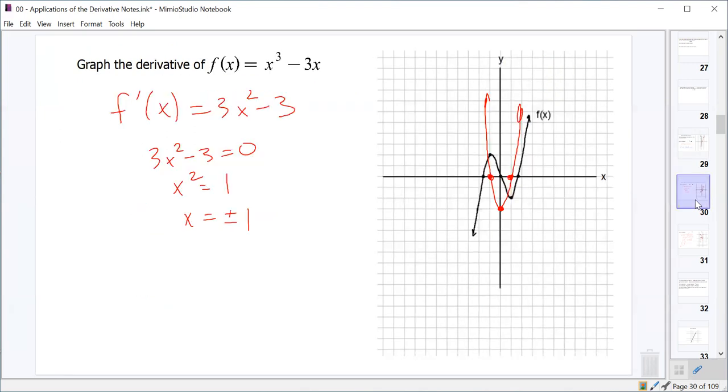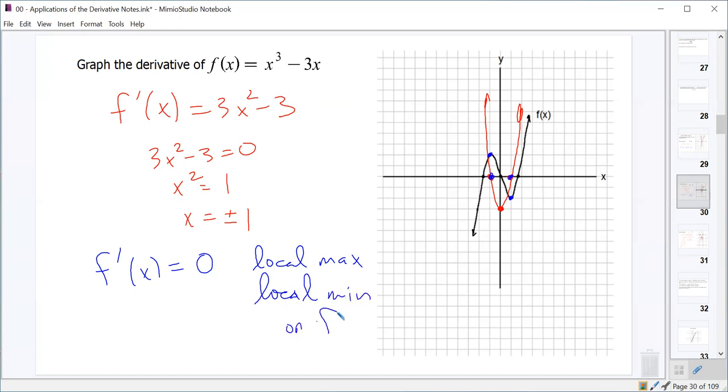If we look at this one, when our derivative was equal to 0 at -1 and 1, right here and right here, our original function had a local maximum right here and a local minimum right here. So again, when f prime was equal to 0, we saw a local max or a local min on f of x.